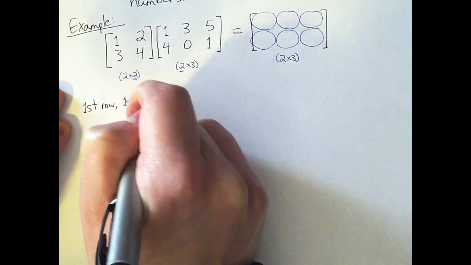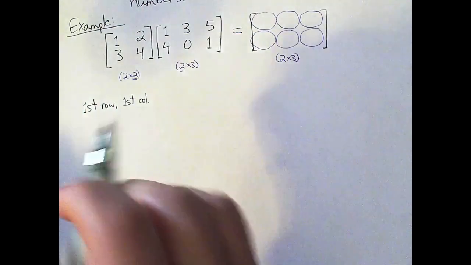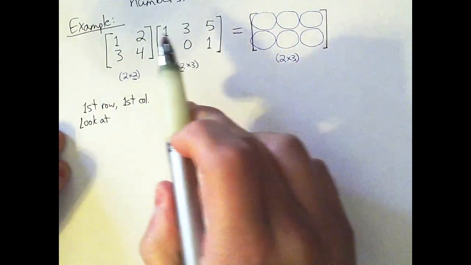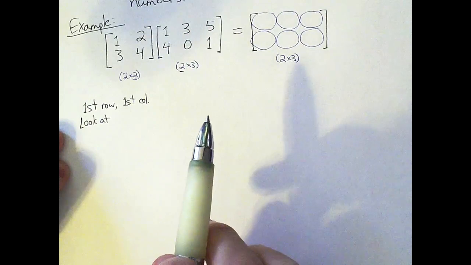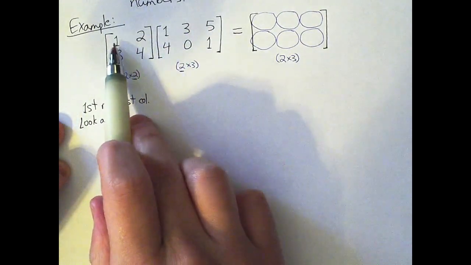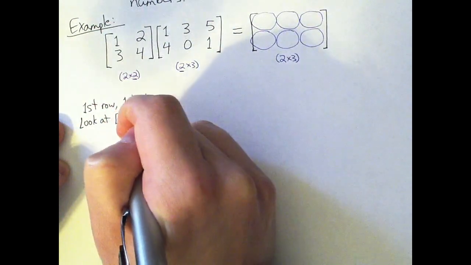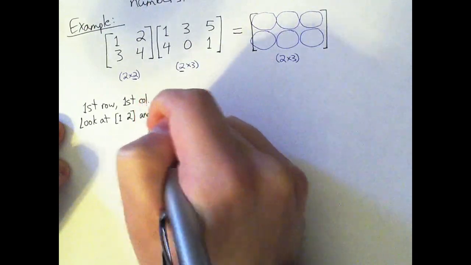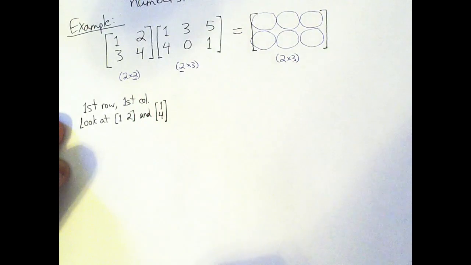The sentences that I wrote above said that we would look at the first row of A and the first column of B. Row 1 of A is this, and column 1 of B is this.